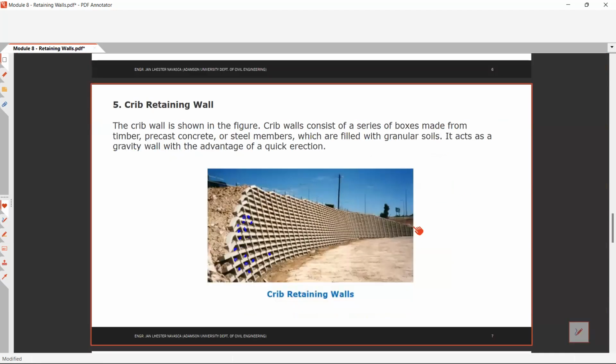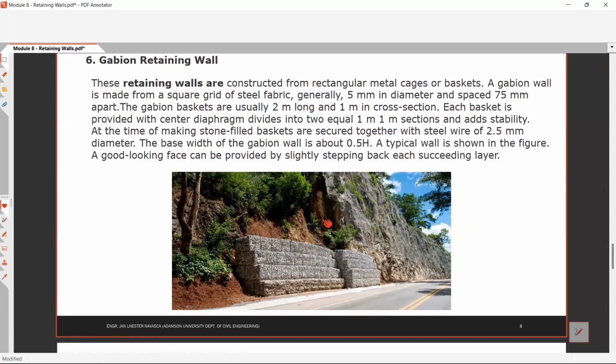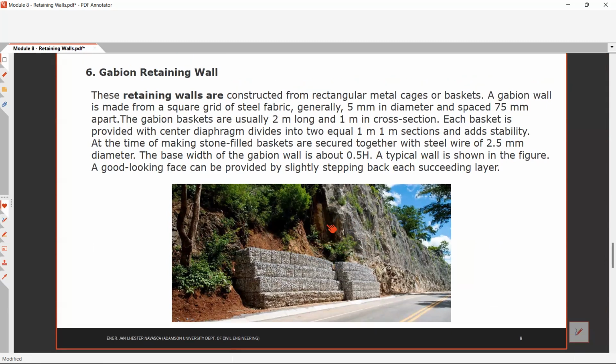Okay. Then next is the gabion retaining walls. Ito, this is very popular, especially dun sa mga province dito sa Philippines. Okay. Yung gabion retaining wall. These retaining walls are constructed from rectangular metal cages or baskets. Yan, metal cages or baskets.